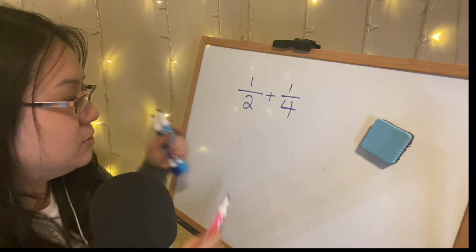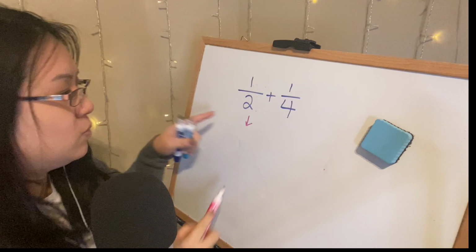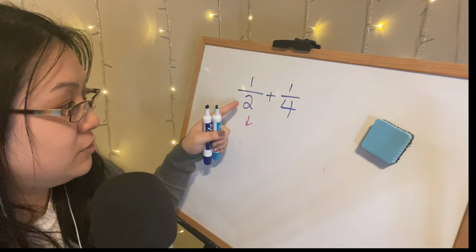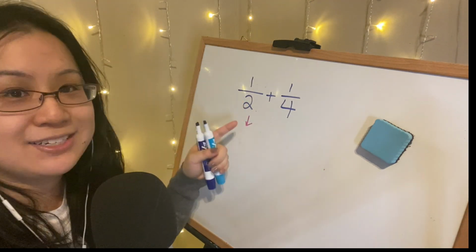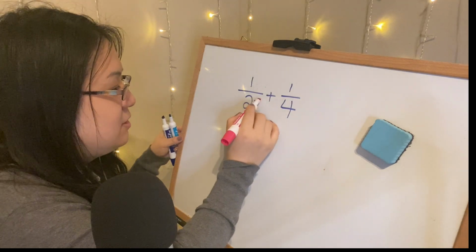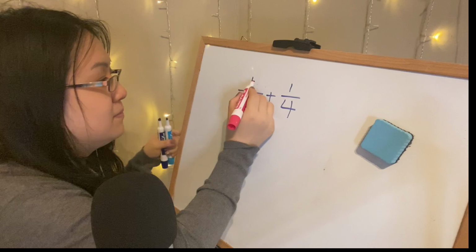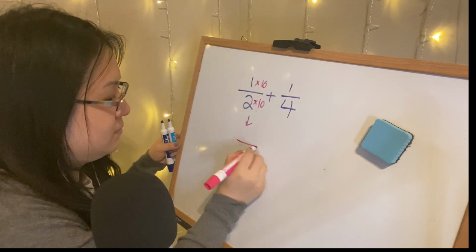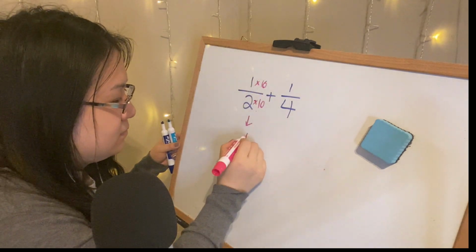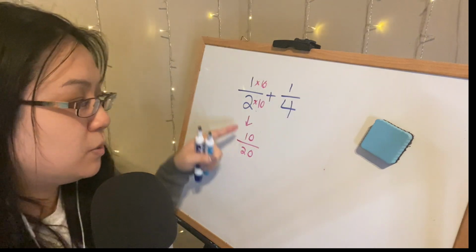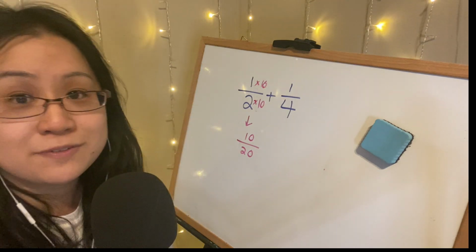So how do I do that? Well, to make this 20, I do 2 times 10, right, to get to 20. If I did it on the bottom, though, I have to do it on the top. Okay, so I'd have 10 over 20, which is equivalent to 1/2.